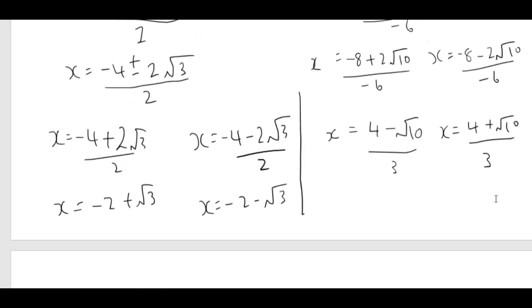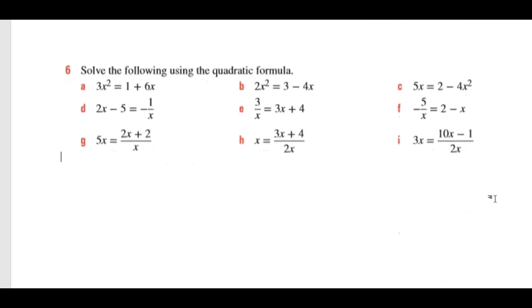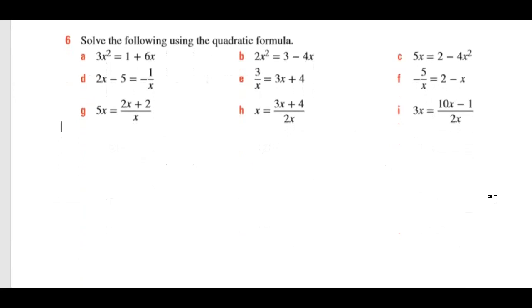All right, so I'm going to move now on to question 6 because this is going to be another long video. I put this one here because you can see it's not in your expanded form. You can't just go ahead and assume that your A is 3, your B is 6, and your C is 1. So you've got to get everything over to the same side.